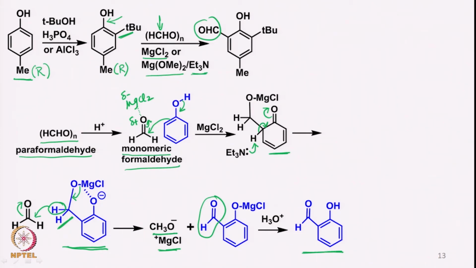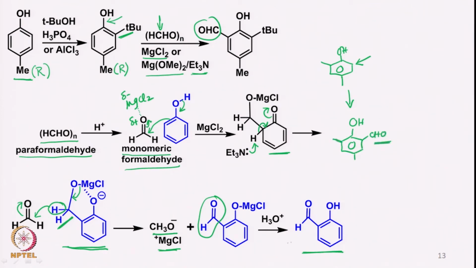So, if we take any derivative of phenol having substituents at the ortho and para positions and one vacant position here, then of course we can carry out such a reaction to form the corresponding formyl group onto the vacant ortho position here.